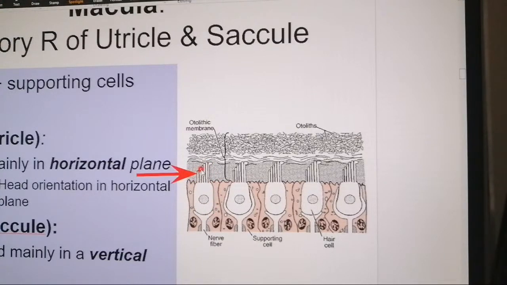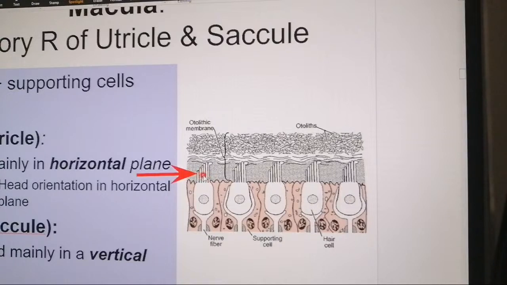Remember, this same type of hair cell is in the cochlea as well. And if you understand one topic, you understand the rest. It's actually very nice. It's ingenious. It's brilliant, the way this technology is used to generate action potentials.